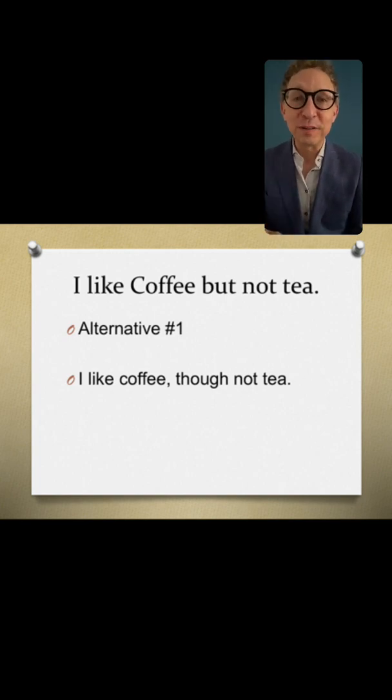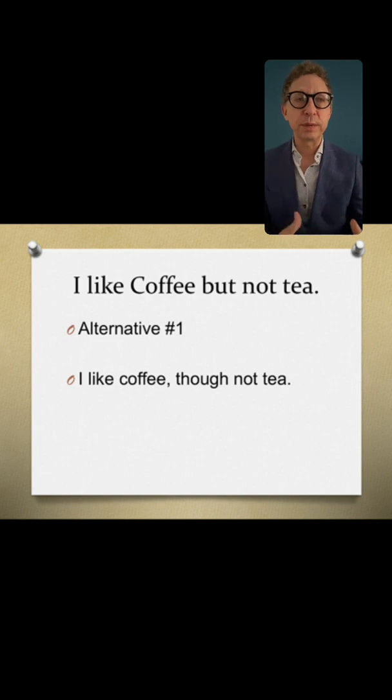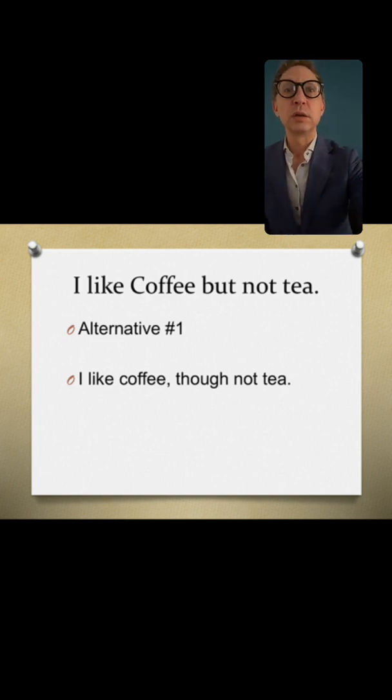I like coffee, though not tea. This is nice. I like coffee, though not tea. All right, that's one. So though or although is a similar sort of effect. Although begins a subordinate clause often.